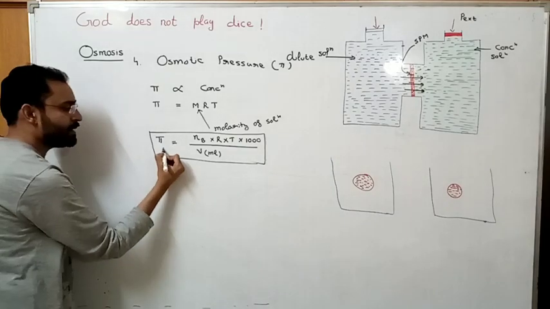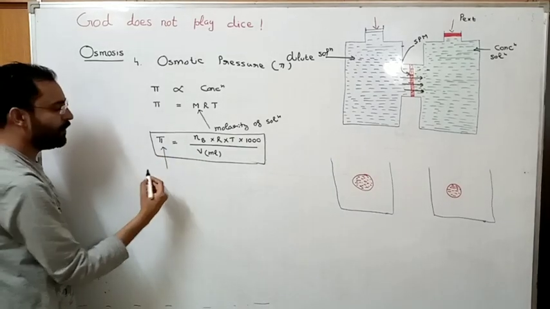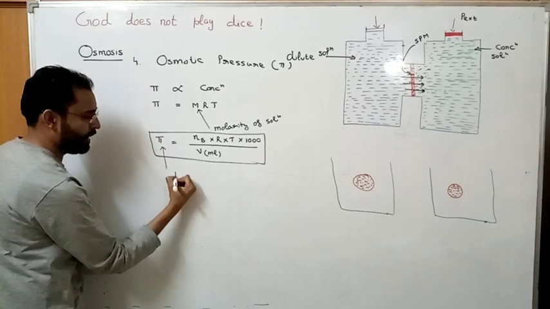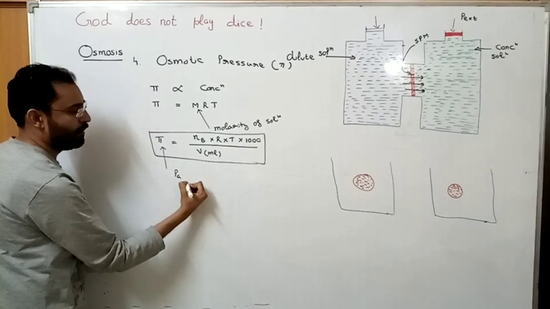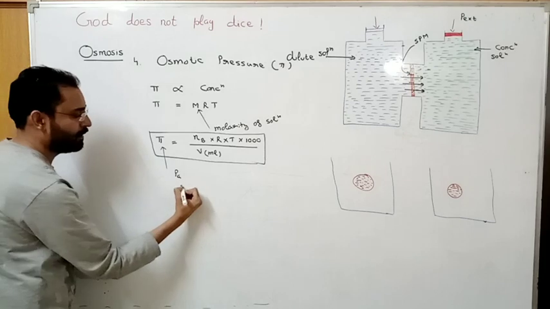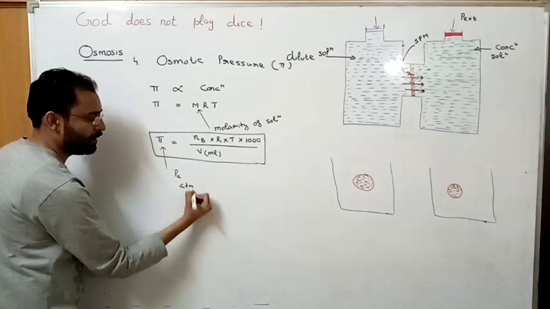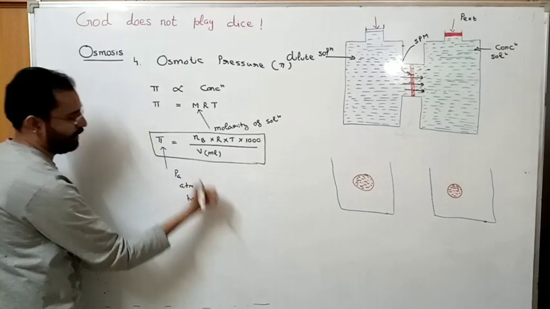Standard unit of osmotic pressure is Pascal, but it is generally measured in atmosphere or bar.